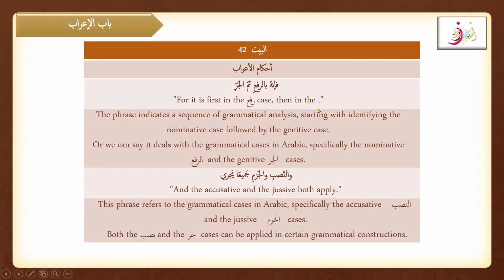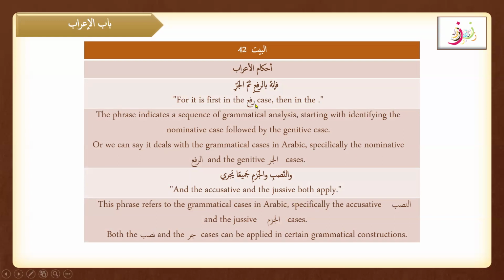This phrase indicates the sequence of the grammatical analysis, and it is telling us what the specific cases of rafa and jar are, and it starts with the rafa and then the jar. And then the nasab case and the jazm case both apply.